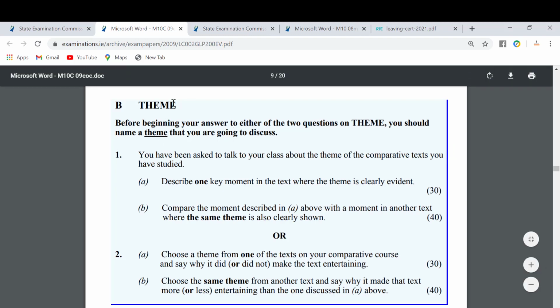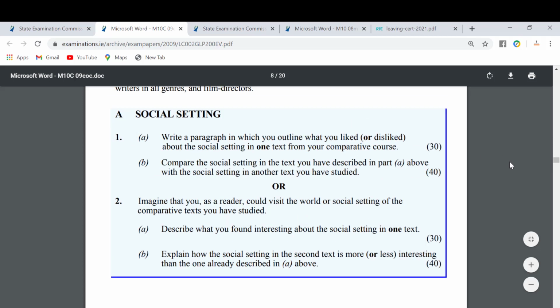If you choose theme, remember you can either choose question 1 A or B within theme, or question 2 A or B within theme. Or if you prefer social setting, you can either choose question 1 A or B of social setting, or question 2 A or B social setting.